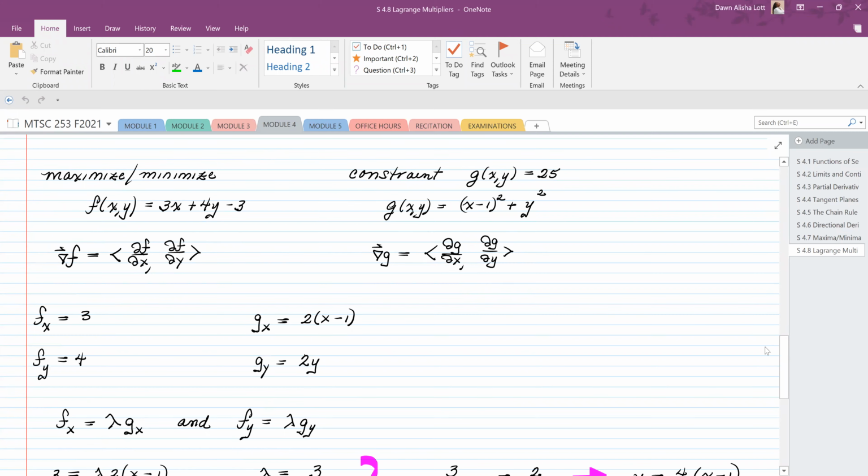We have a plane that's laying over top of the XY plane, and then there's a cylinder that's going up. And we want to know what's the maximum value this 3x plus 4y minus 3 attains inside this cylinder.